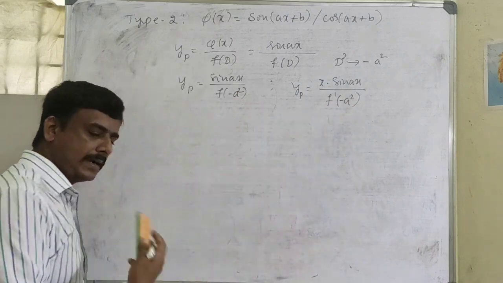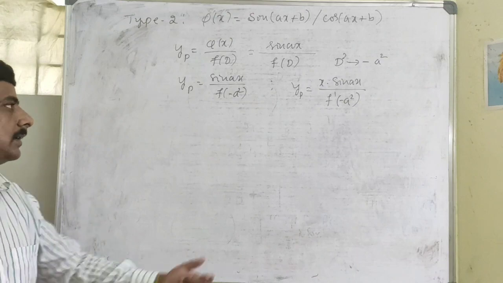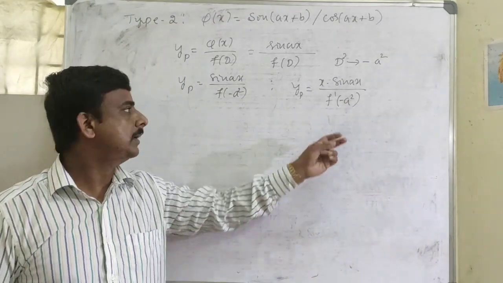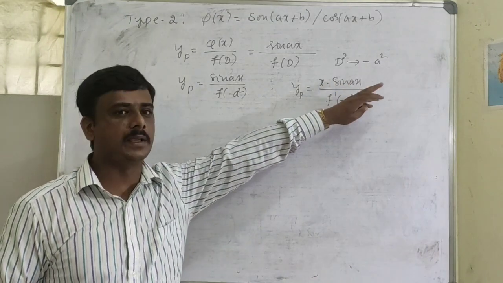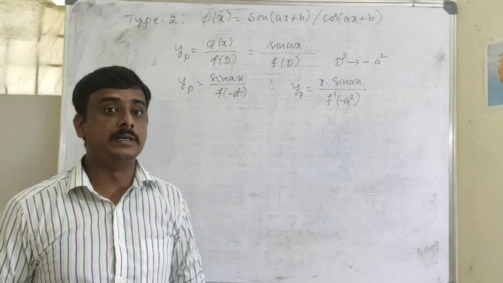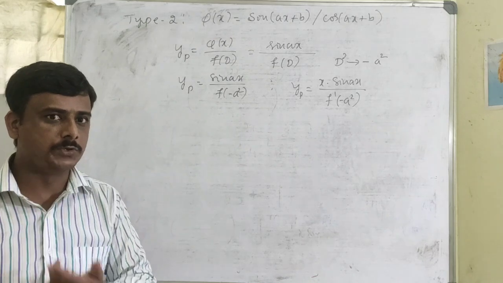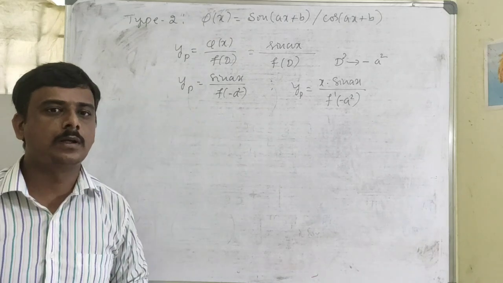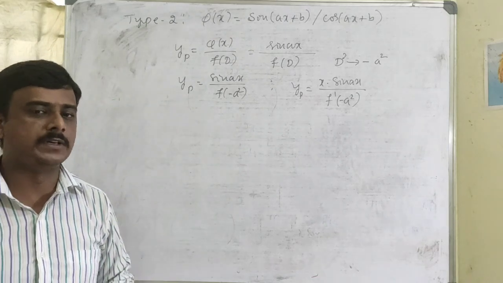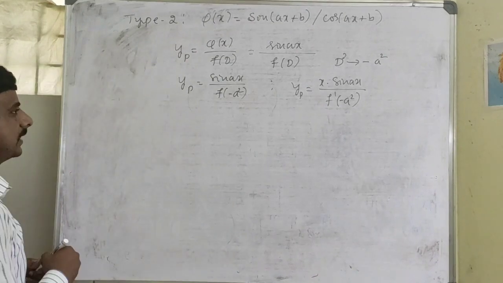Suppose that is also 0, that is f dash of minus a square is also 0, then it will be x square sin ax divided by f double dash of minus a square. So that is the way of finding the solution in case of trigonometric functions. Now let us discuss problems.